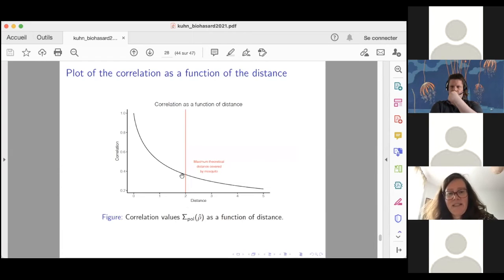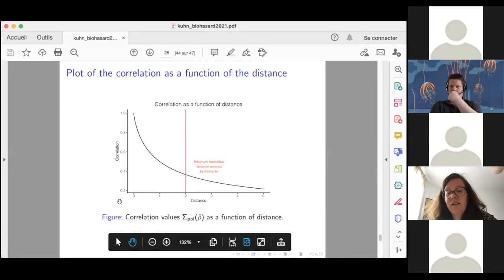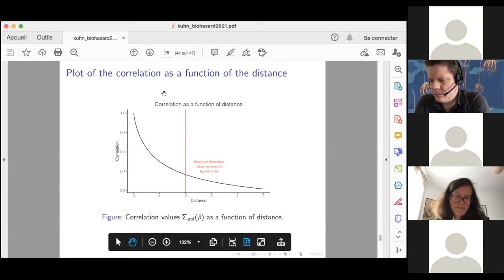So you expect that the correlation function is not so important after the 2 kilometers, because the mosquito has to go from one individual to another to propagate the malaria.